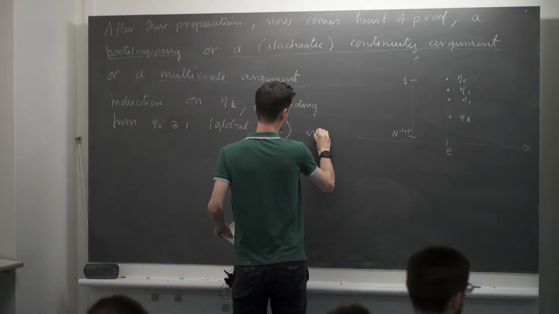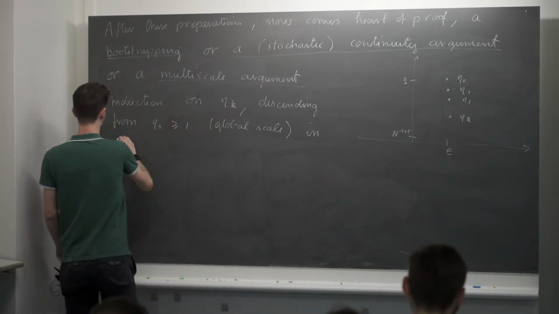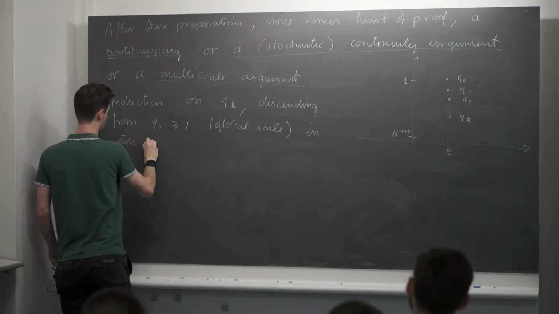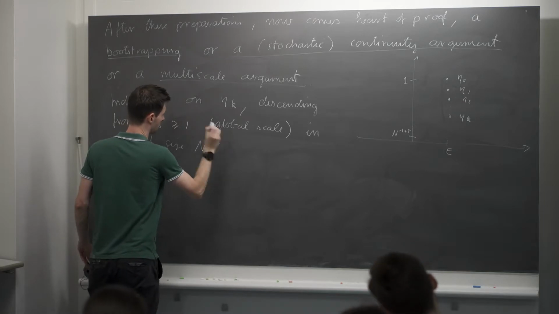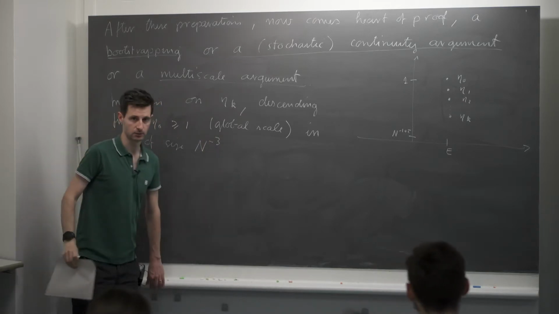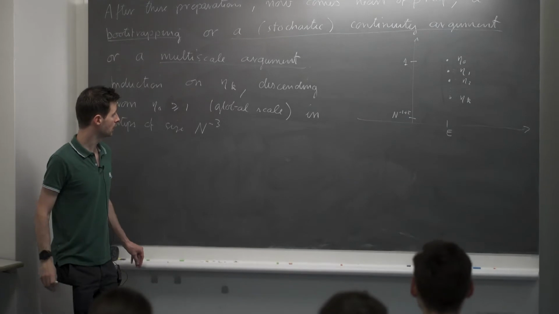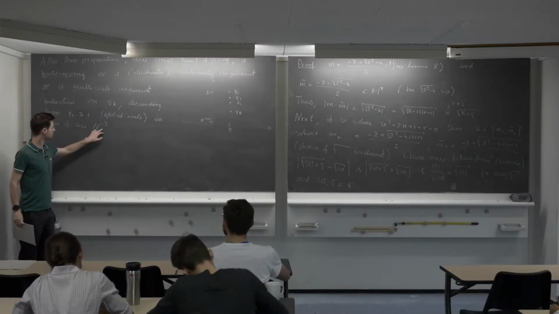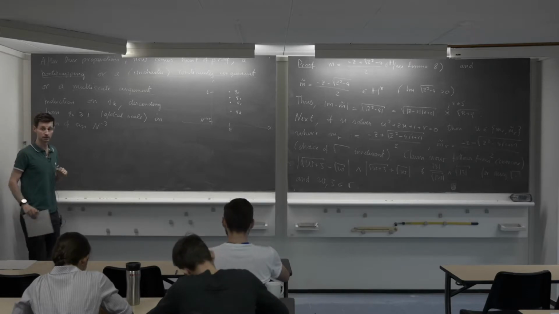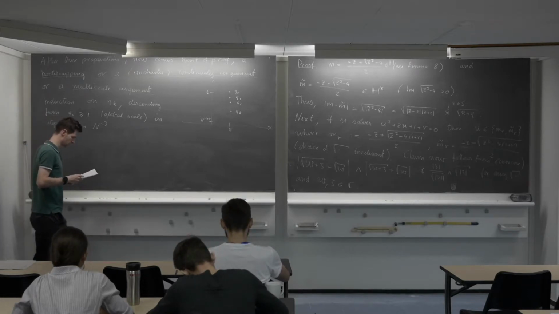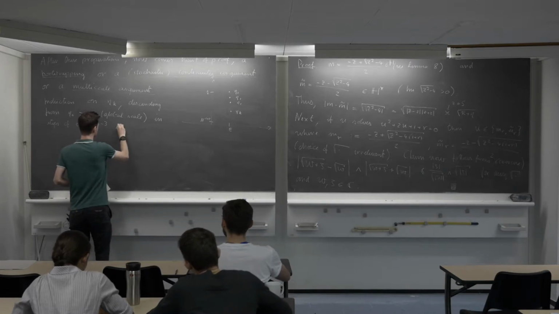And it turns out we will do steps of size n to the minus 3. So it doesn't really matter what the step size is. It should be sufficiently large, and this works fine. I mean, you could take n to the minus 10. That's also fine. N to the minus 1 would be a bit too big.